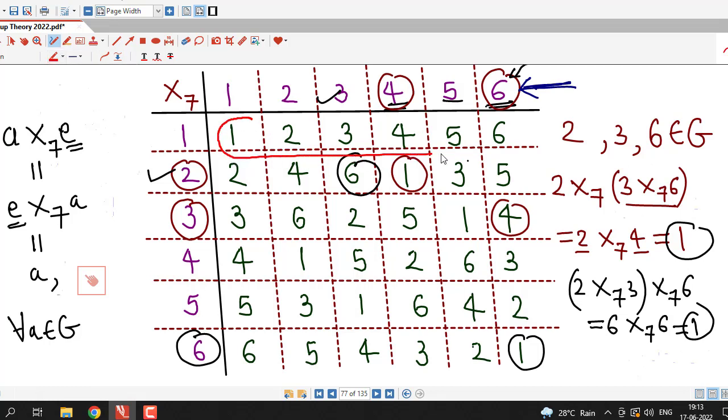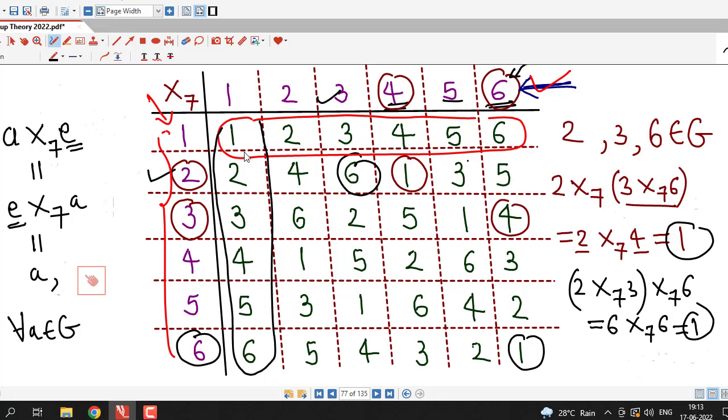This row is identical to this 1, 2, 3, 4, 5, 6, and here we have to find the column which is identical to this column. Then we find the point of intersection of this row and this column, and the entry at the intersection is 1, therefore 1 is the identity element.